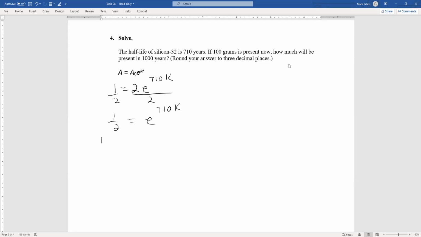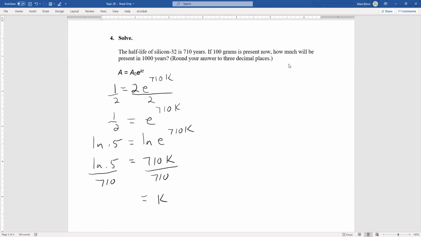Okay, so again, I'm going to change 1/2 to 0.5 because it's easier to put in my calculator. Next, I'm going to take the natural log of both sides since I'm dealing with base E. So this gives me the natural log of 0.5 equals 710K.